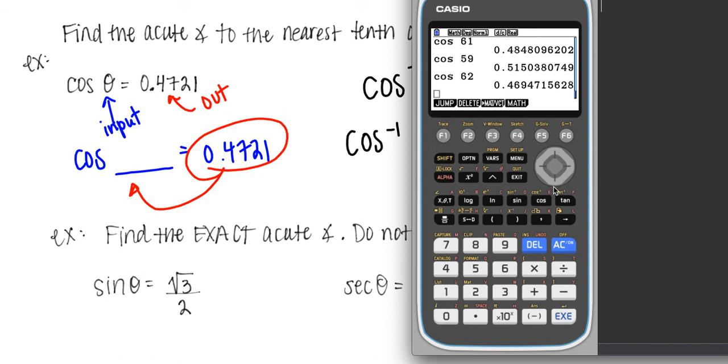So in order to get the inverse, I have to hit the shift button on my calculator. Sometimes it's a second button, and cosine, and now you'll see that -1, and that tells you that the calculator is ready for you to enter the decimal value. So we're going to enter 0.4721. So now I'm putting the ratio in, the function value is going in, and the output is 61.8 degrees.